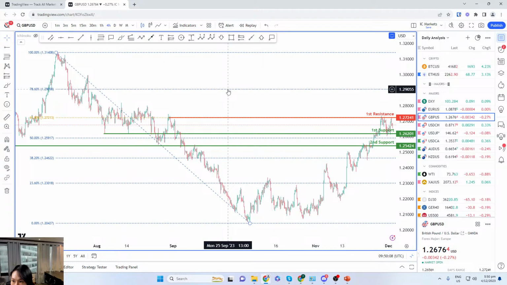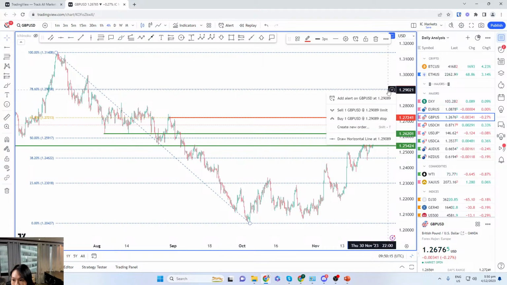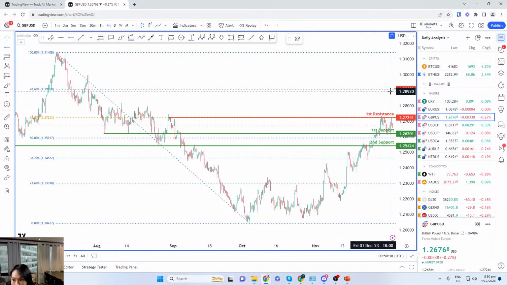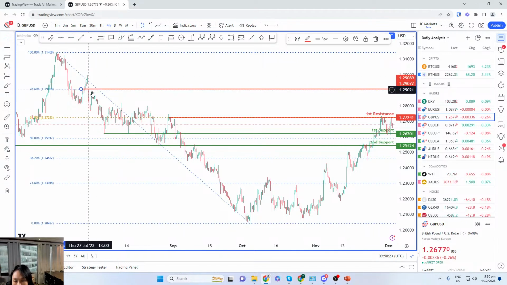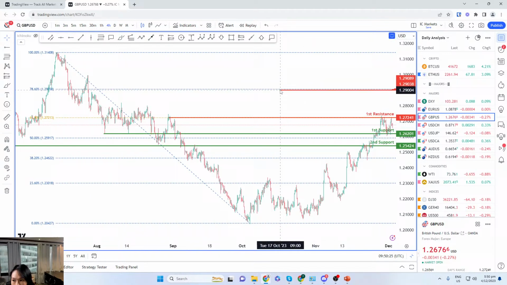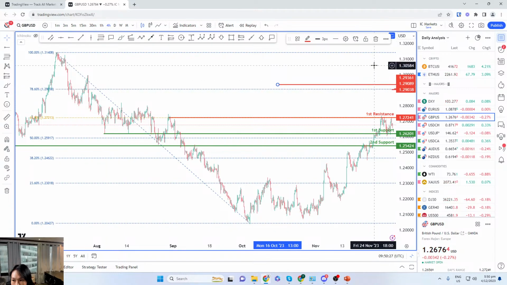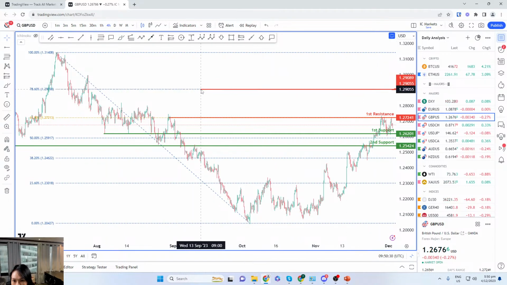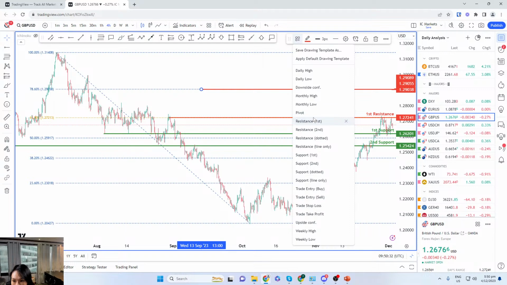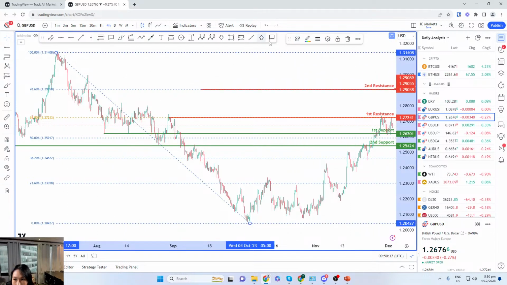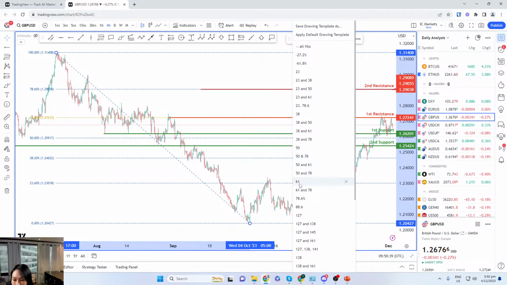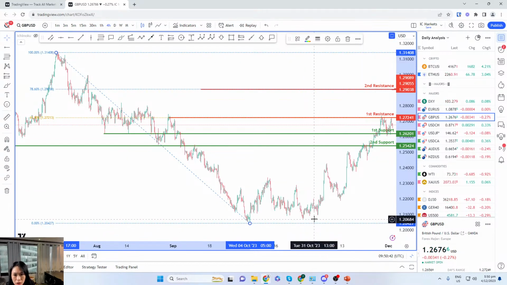And for the second level of resistance, I could use my 78.6. Okay, I'm gonna remove the rest.